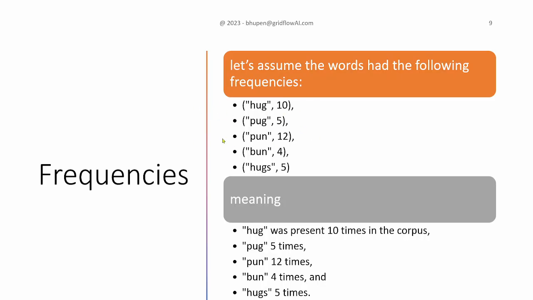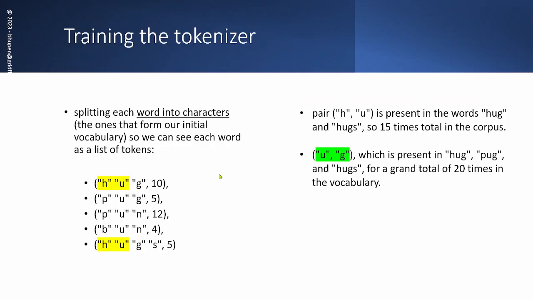Let's say this is our corpus, and the word hug appears 10 times in the corpus. The word bun appears four times in the corpus. How do we train the tokenizer? We are going to split each word into individual alphabets. For example, hug is split into H, U, G, and this is the frequency.